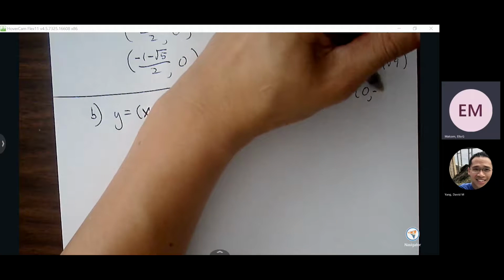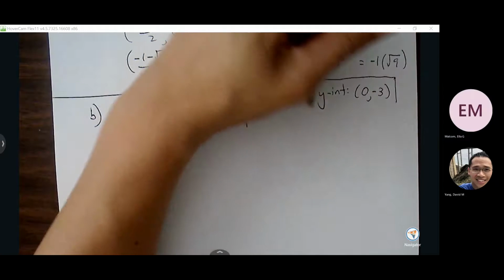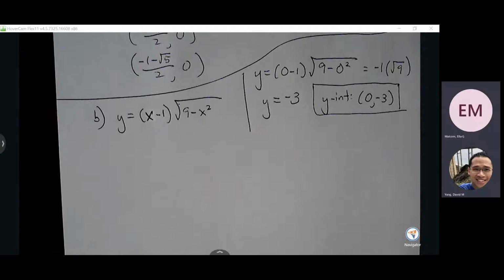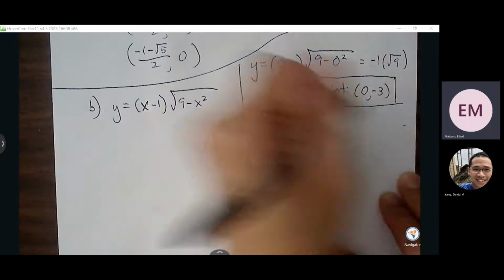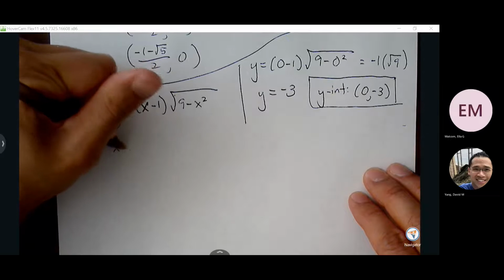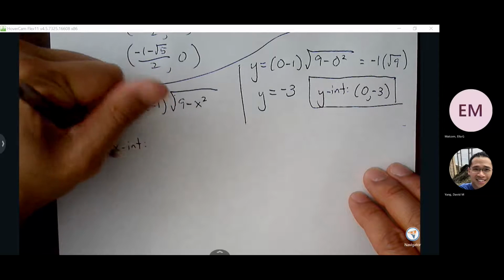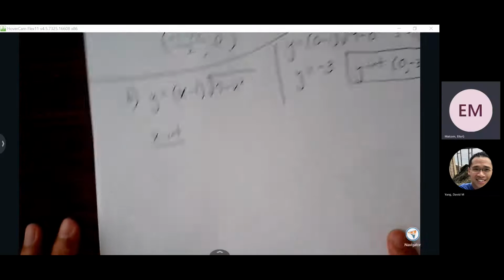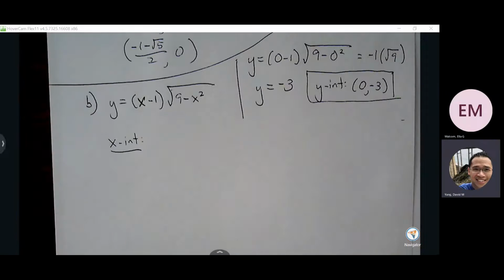And then find the x-intercept, replace the y with 0. But would I still have to use the quadratic formula for this as well? Well, let's see what happens first.